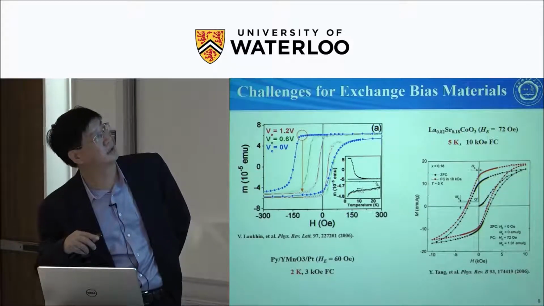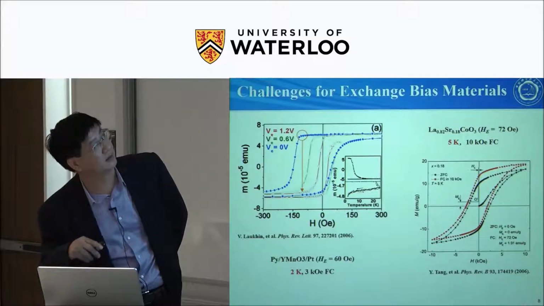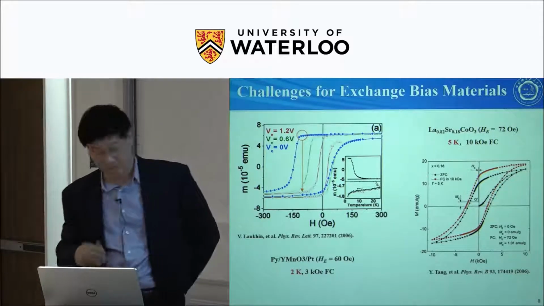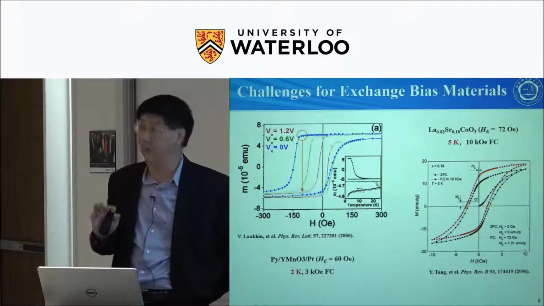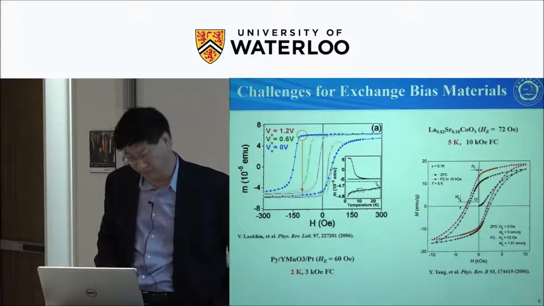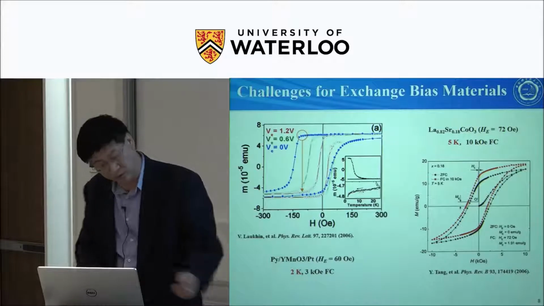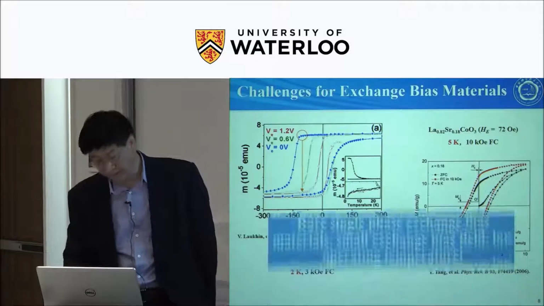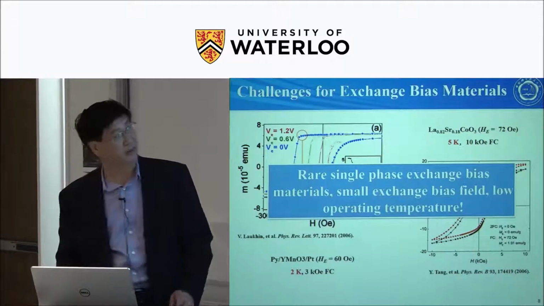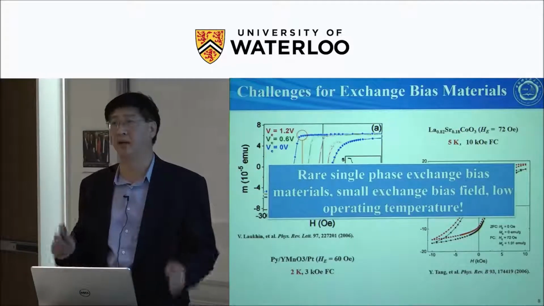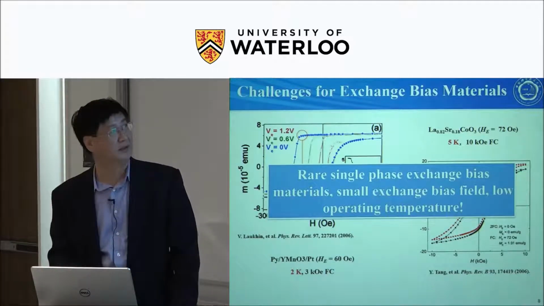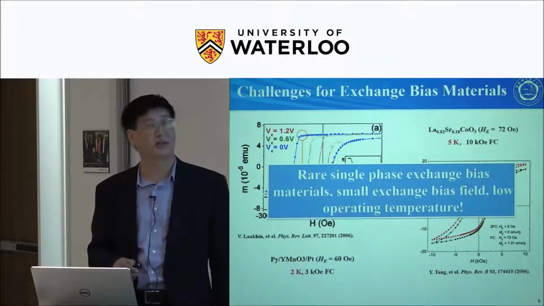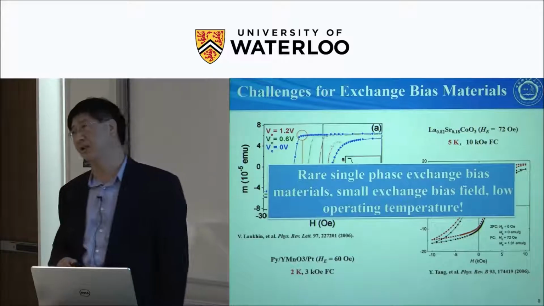This one is, how low is that? Just some 10K or something from here. So we do have this material, but the temperature is really, really low, 2K actually, shown here. Not many of this kind of single-phase exchange bias material existed. So the exchange bias effect is still very low, and the temperature is still very low.